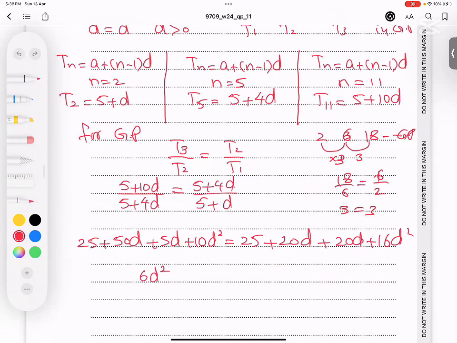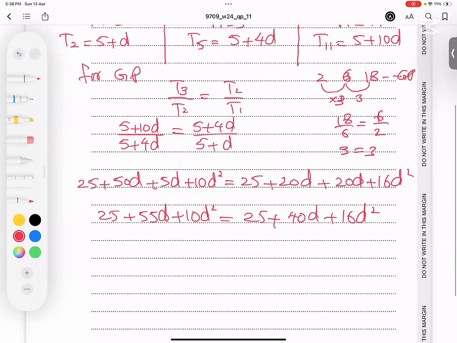Okay, I think this may be confusing for you, so I do it step by step. 25 from here, this comes 5D, and 10D squared, 25. And 20 plus 20, I got 40D plus 16D to the power 2. Out of 10, 6 left, this got negative 6D squared. This comes here, I got plus 15D, and this and this cancel out.